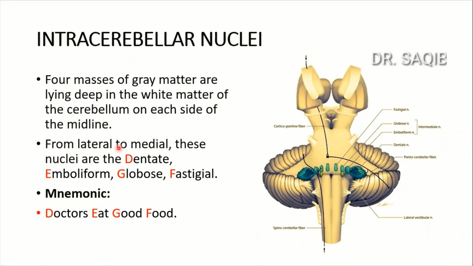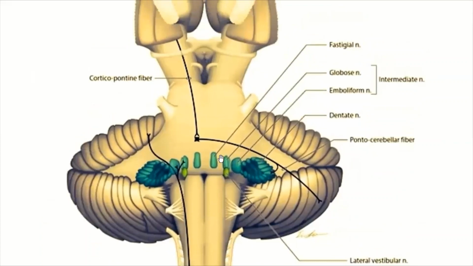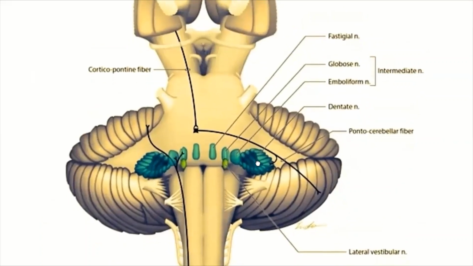From lateral to medial, the names are the dentate nucleus, then the emboliform nucleus, then the globose nucleus, and the medial-most is the fastigial nucleus. Here you see the four nuclei on each side. This is the dentate nucleus.